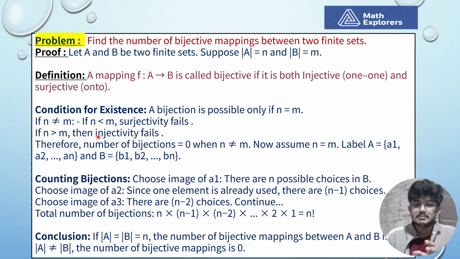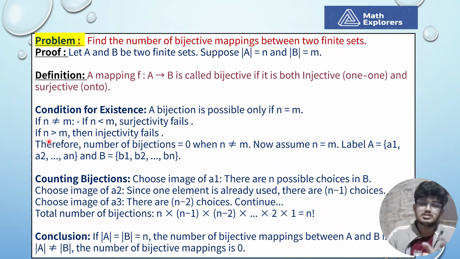If n less than m, then surjectivity fails because B सेट के अंदर बहुत ज्यादा एलिमेंट है, A सेट से ज्यादा एलिमेंट है. सो कोई एक एलिमेंट रहेगा उसका कोई प्री इमेज नहीं रहेगा. सो सर्जेक्टिविटी फेल्स. एंड इफ n ग्रेटर देन m देन इंजेक्टिविटी फेल्स बिकॉज यहाँ पर अगर कोई भी दो डिस्टिंक्ट एलिमेंट ले तो उसका डिस्टिंक्ट प्री इमेज हमेशा नहीं आएगा क्योंकि ए सेट बहुत बड़ा है. हर एलिमेंट का अगर इमेज रहेगा तो एक टाइम के बाद दो एलिमेंट के इमेज सेम होना पड़ेगा.